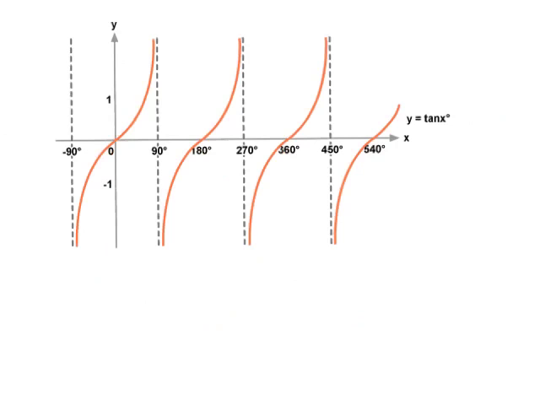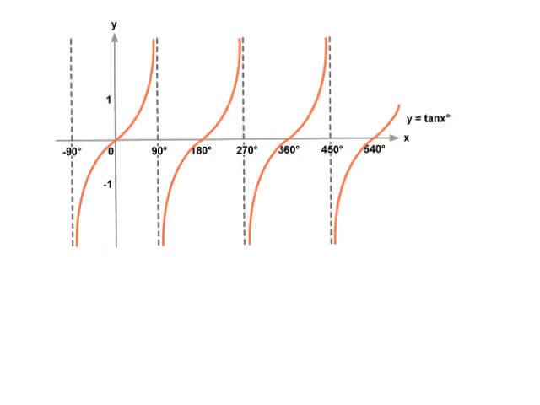Another graph you should be familiar with from GCSE is the graph of y equals tan x. Now, some important points on this graph: tan of 0 is equal to 0, and unlike sine and cos, it takes values outside the range of -1 and 1.